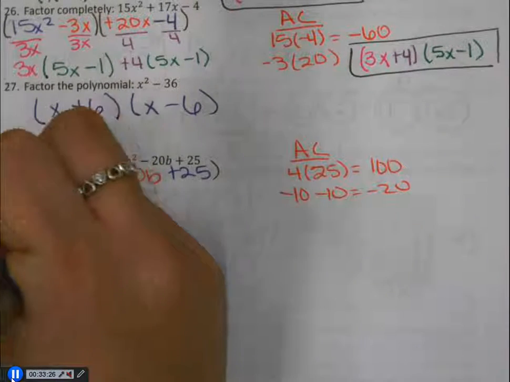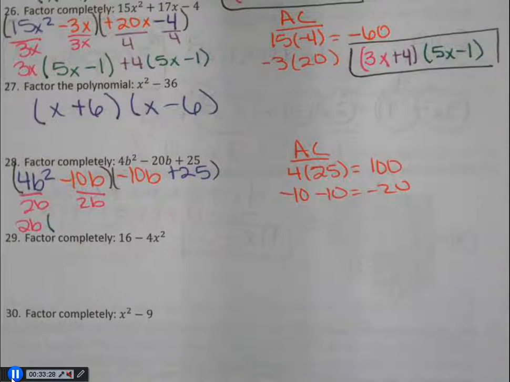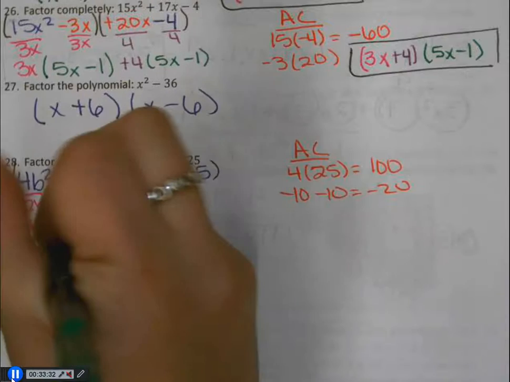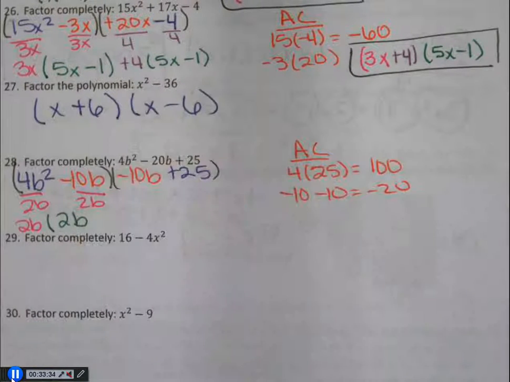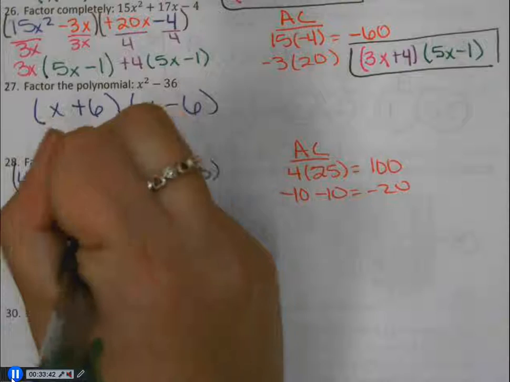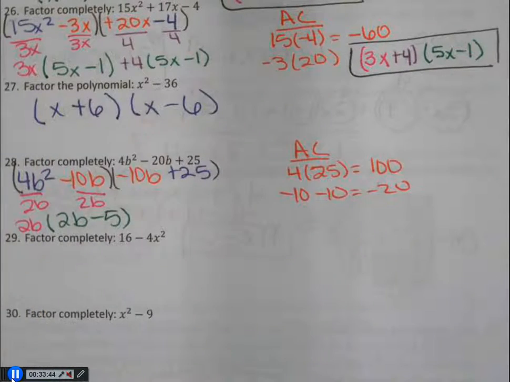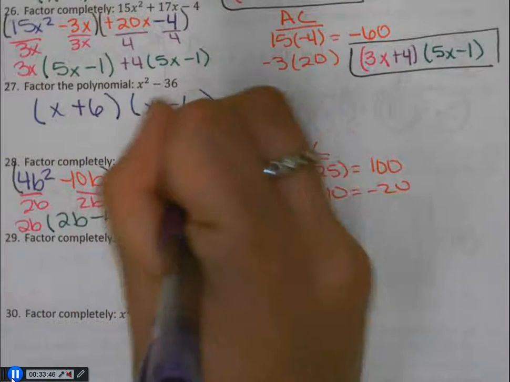Then 4b squared divided by 2b is 2b. And negative 10b divided by 2b is negative 5. Okay. What does the second group have in common?